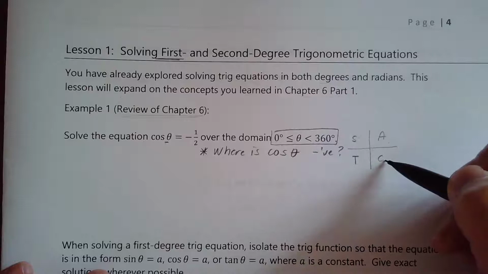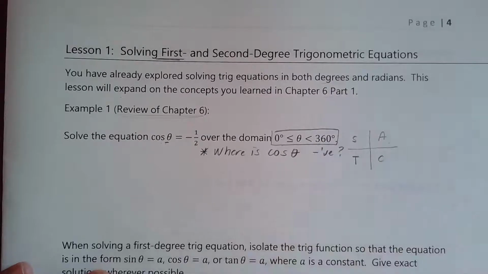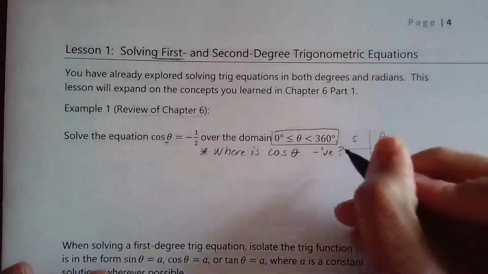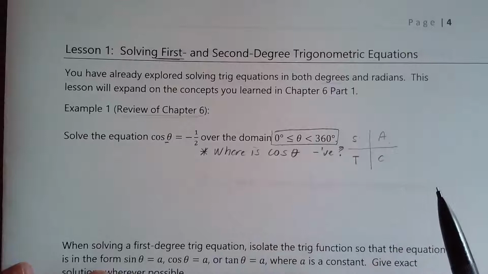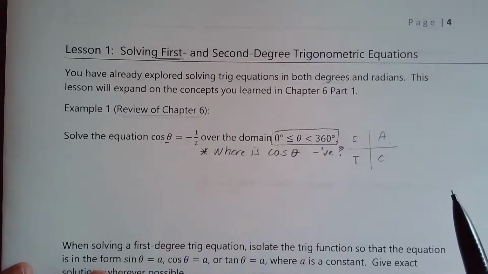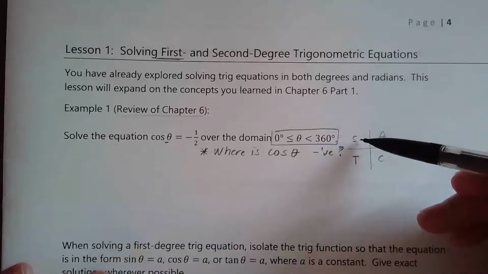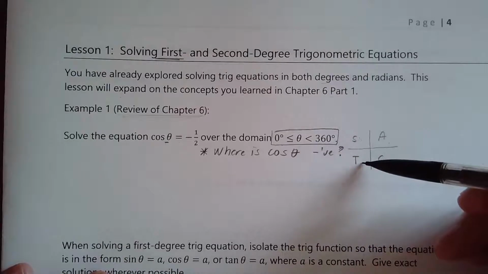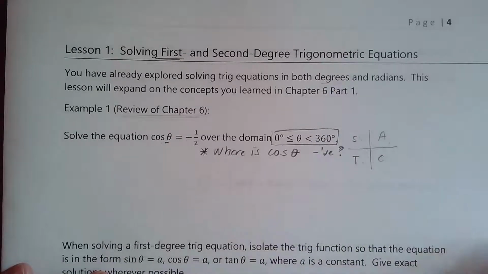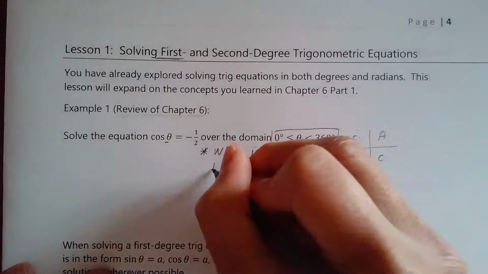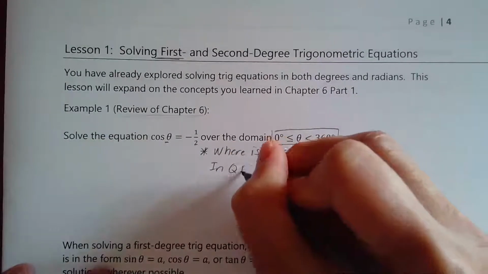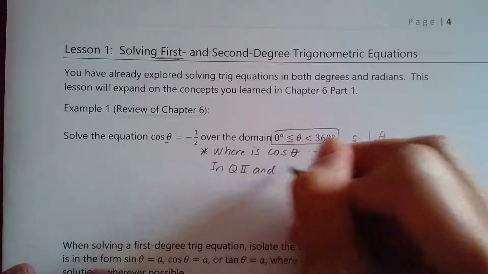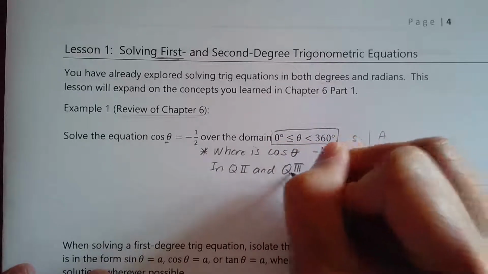And in quadrant 4, only the cosine is positive. So in this particular case, where is cosine negative? Cosine is negative in quadrant 2 and quadrant 3.